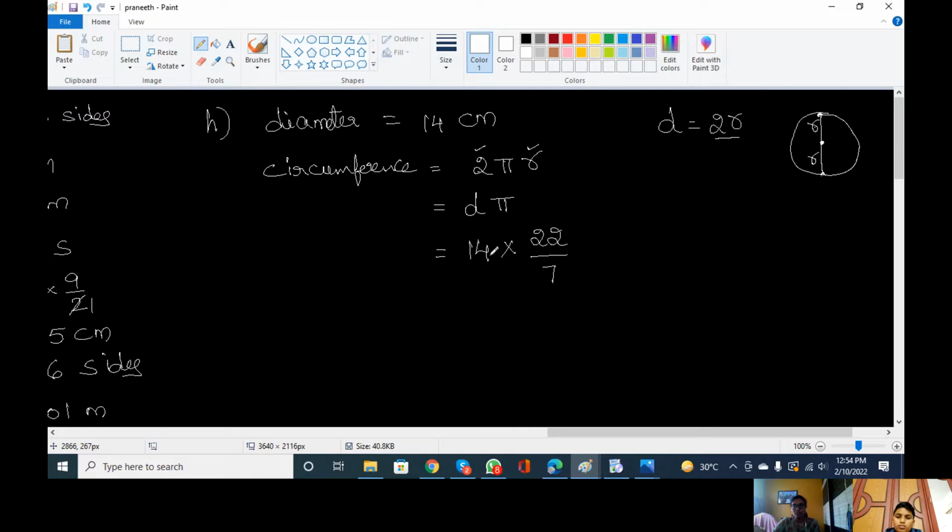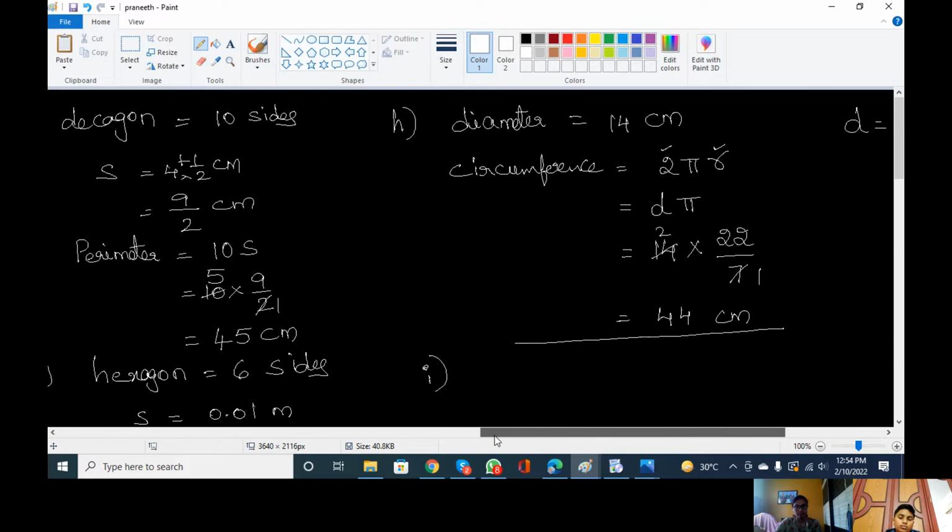So 7 goes in a 14 two times. 7 ones are 7, 7 twos are 14. 22 twos are 44. And it is in centimeters, so your circumference also in centimeters. Right? Yes.